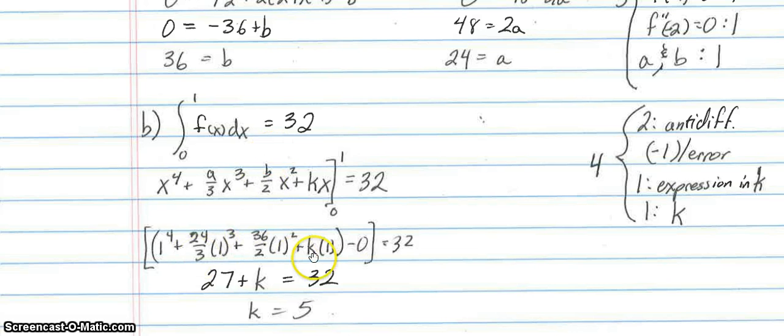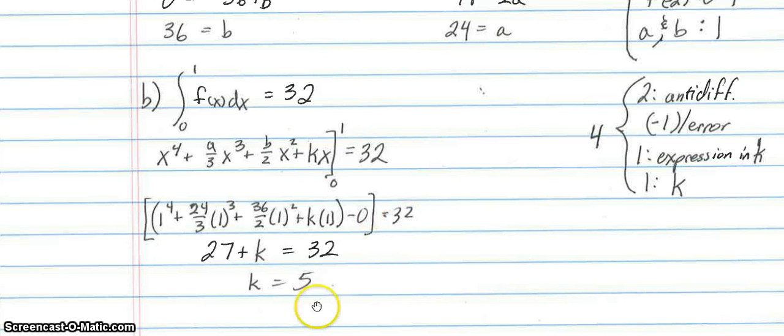So antiderivative, fundamental theorem, set equal to 32, solve. Again, antiderivative, so this would have been 2 points. Boom. I think if you got one error, you took one off, 2 errors, you're done. So the expression has to be in k, so that means it's down here. And of course, finding k to be 5.